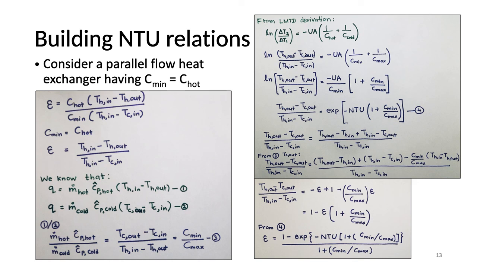Solve the equation for effectiveness and here you have the effectiveness formula for parallel flow heat exchangers. Likewise, we can derive the effectiveness formulas for other types of heat exchangers as a relation of NTU, C min and C max. And I'm not going to explain them here in this video.